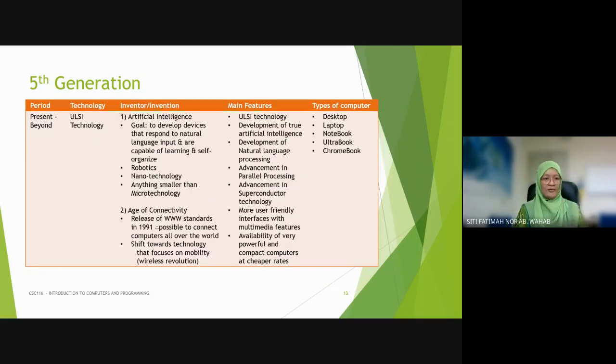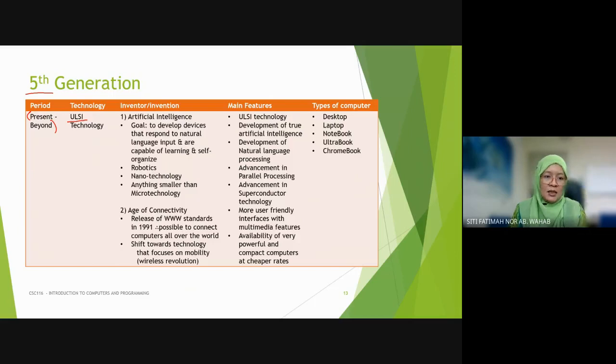Okay, and then we have the last generation, fifth generation, from the present until beyond. The technology used is ULSI. Before this, VLSI. So what is ULSI?